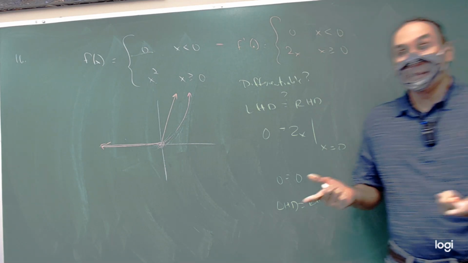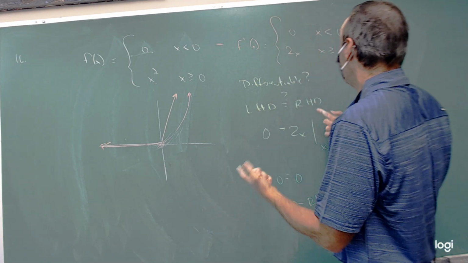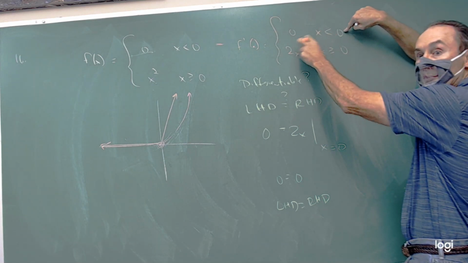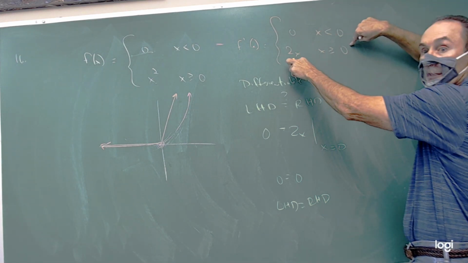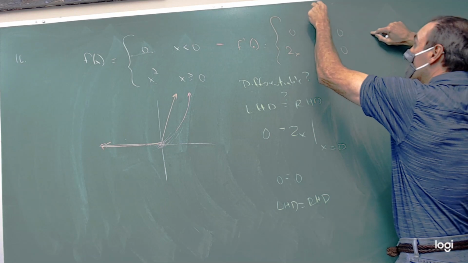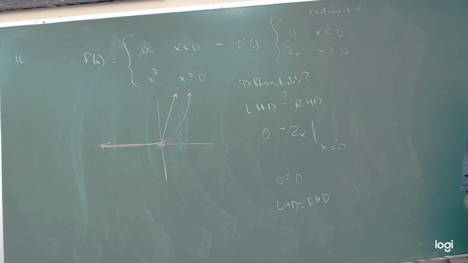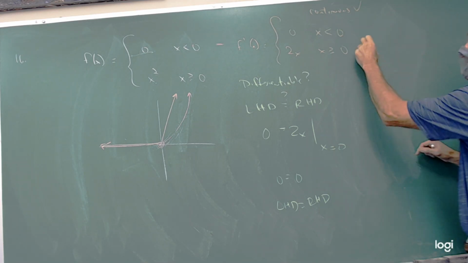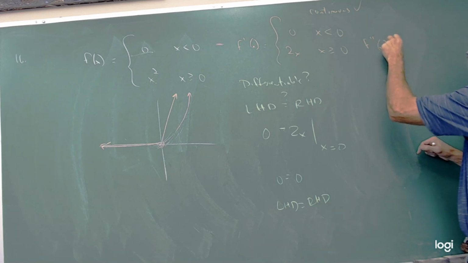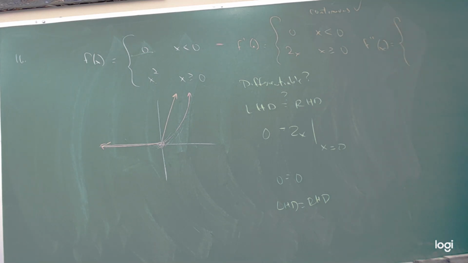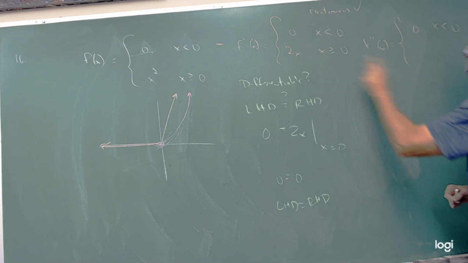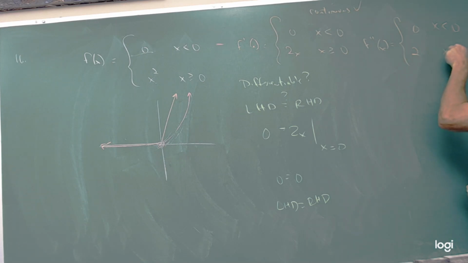Now, is it continuous? Well, yes, because on the left, this is 0. On the right, when you plug in 0, it is 0. So it is continuous. It's a yes. Is it differentiable? Well, now, when you look at its derivative, the derivative of the derivative is f double prime of x: the derivative of 0 is still 0, but the derivative of 2x is 2.